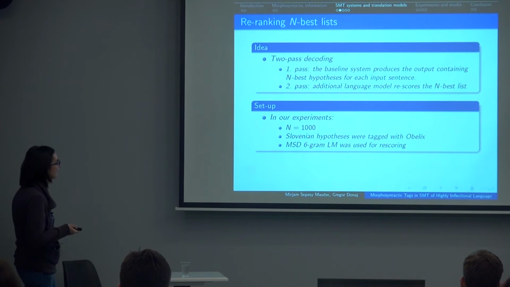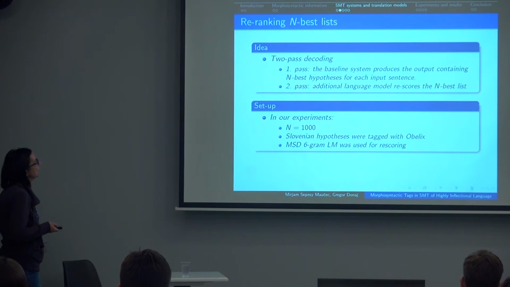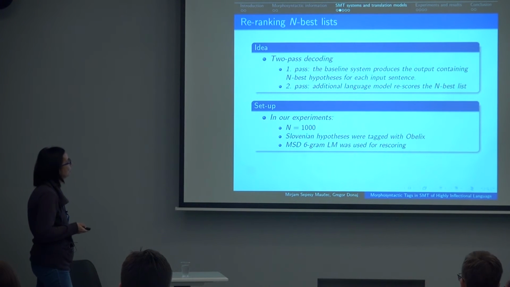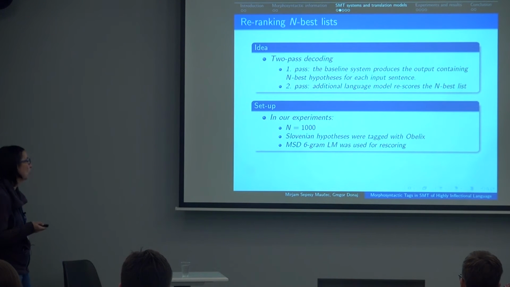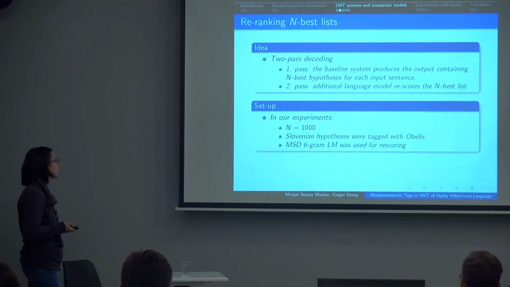In our case, this additional knowledge source was a language model of MSD tags. So in our setup, we decided to use 1,000 hypotheses for each input sentence. We tag the Slovenian hypotheses with the Obeliks tagger, and then rescore the hypotheses with a 6-gram language model of MSD tags.